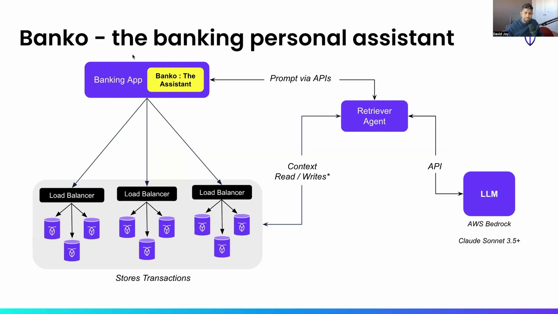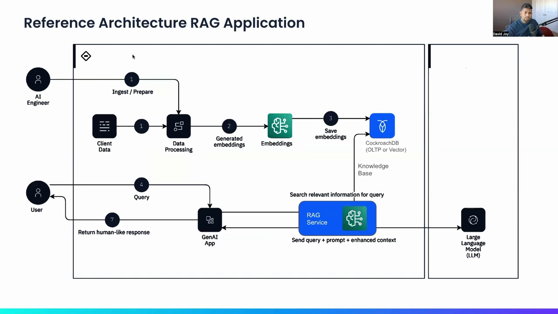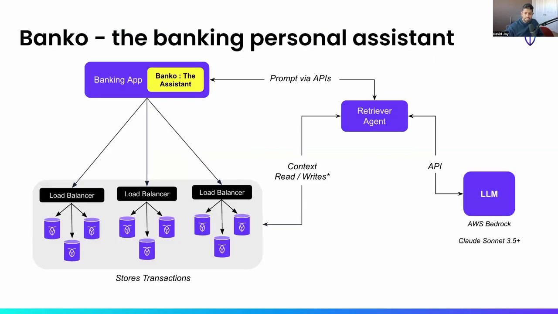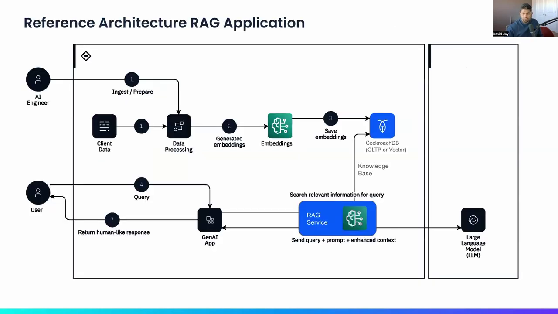But for this app to really work, we have to do certain things. One, we have to look at the existing data in the database and convert some of this data into vector data. If you look at this architecture, we have to do two flows. The first flow is where we take the existing transaction data in CockroachDB, convert some of it into embeddings, and store that as a vector in one of the columns of CockroachDB.